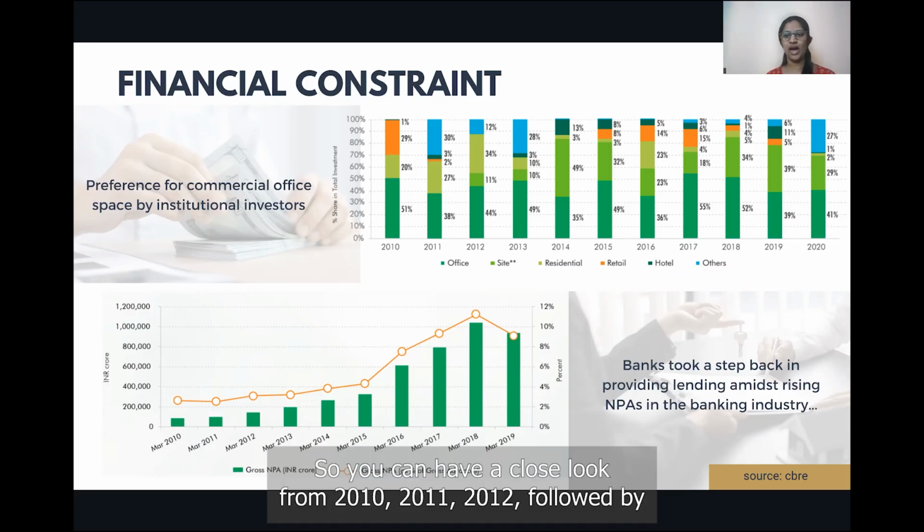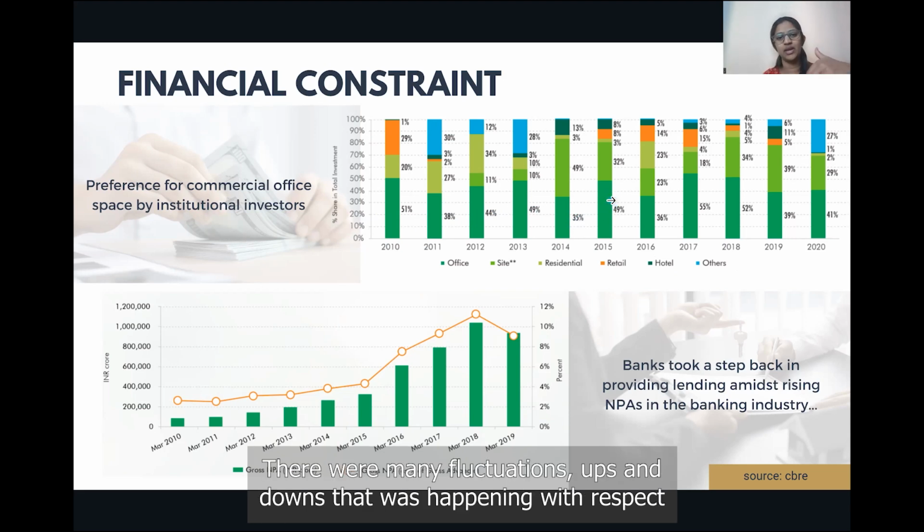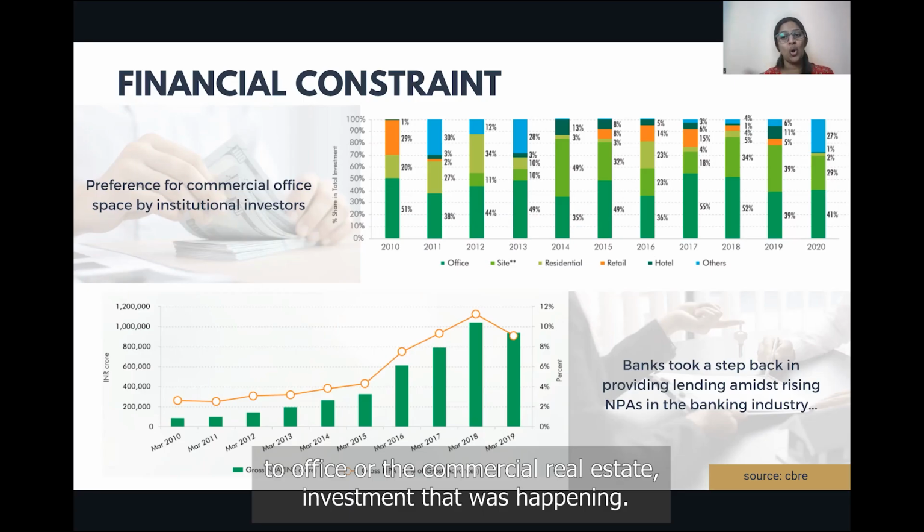You can have a closer look from 2010, 2011, 2012, followed by the other years. There was a slight increase, decrease, again increase. There were many fluctuations, ups and downs, with respect to office or commercial real estate investment.